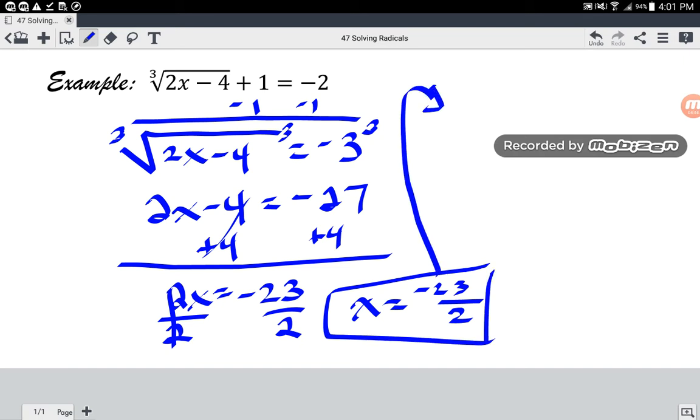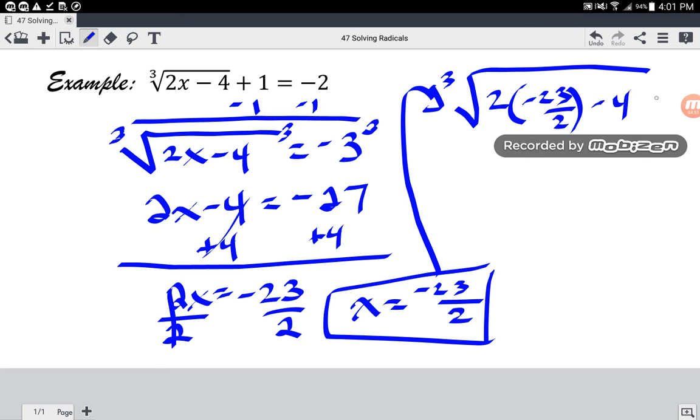So I'm going to substitute that back in and see what happens. The cube root of 2 times negative 23 over 2 minus 4 plus 1. I'm only going to deal with the left-hand side of this equation. The 2's cancel out, so I'm left with the cube root of negative 23 minus 4 with a plus 1 on the outside of the radical.